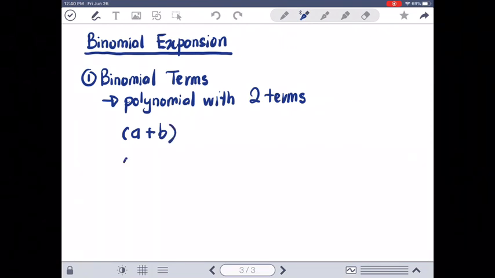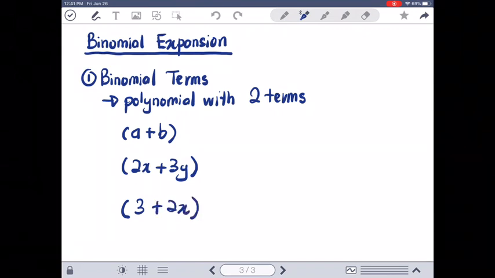Or maybe 2x plus 3y is also a binomial term. Or maybe 3 plus 2x, also a binomial term.